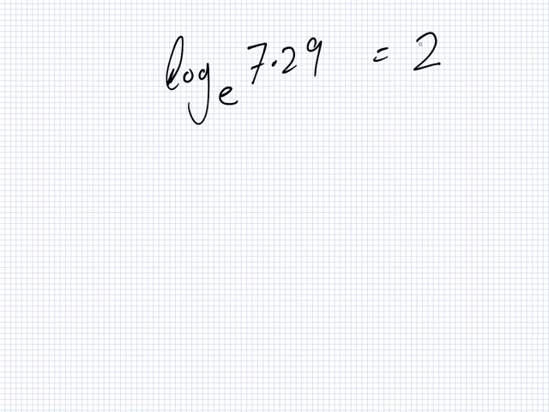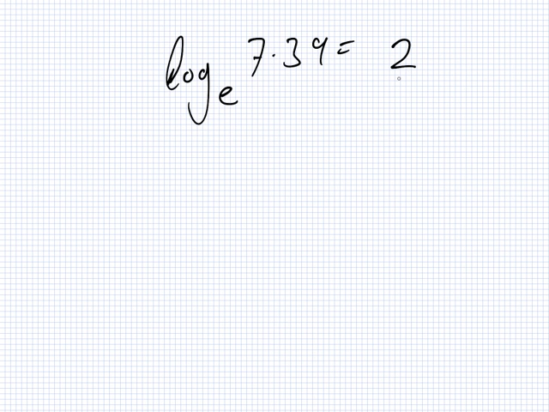I think we said e squared makes 7.29, was it? I don't remember. Seems believable. 7.38, we said this is about 2.